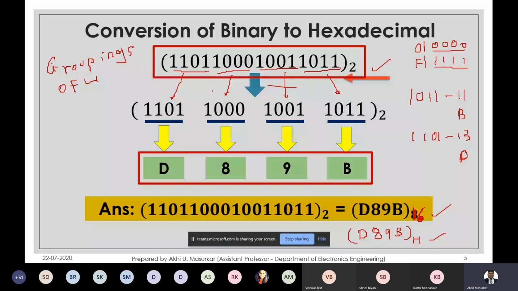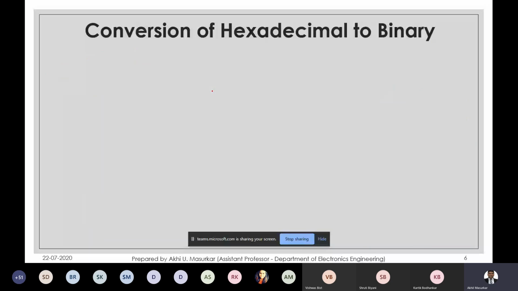So next is obviously hexadecimal to binary. So we have a smaller number. Now we are planning to make it slightly bigger. So for 3, the binary code from the table is 0011. For F it is 1111, and for D it is going to be, can you guess, 1101.